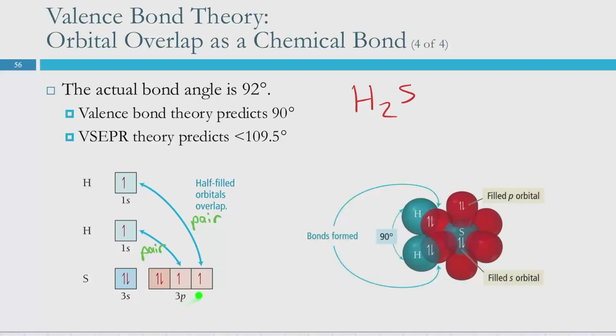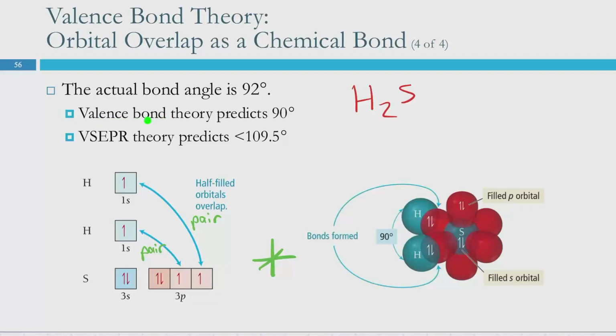We've got overlap between our p orbitals, and our p orbitals are angled basically along the three axes, px, py, pz. So they're all 90 degrees from each other. Our hydrogens just have their 1s, and so they're just bonding with the p orbitals. But based on where we've got extra space, we predict that it's going to be the 3p orbitals interacting with the 1s orbitals.